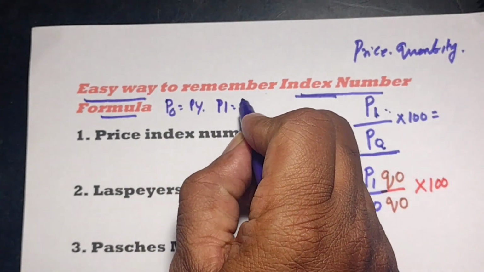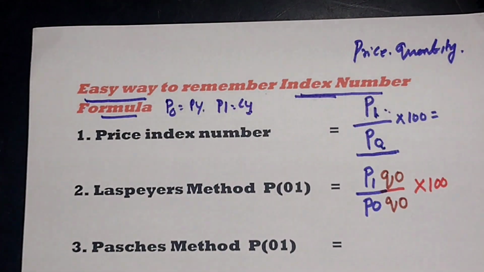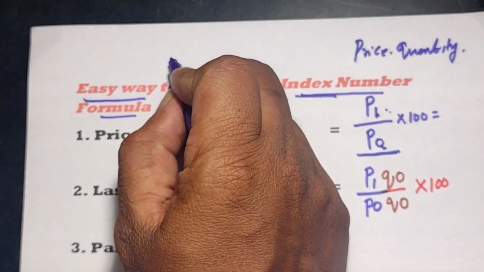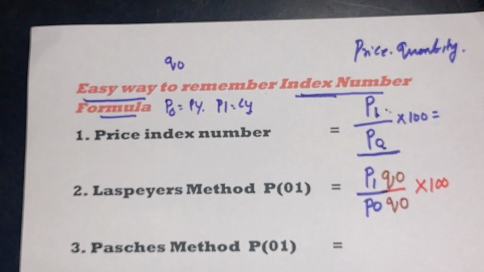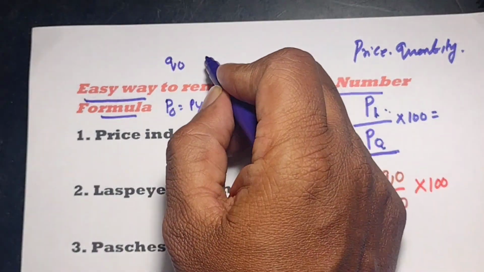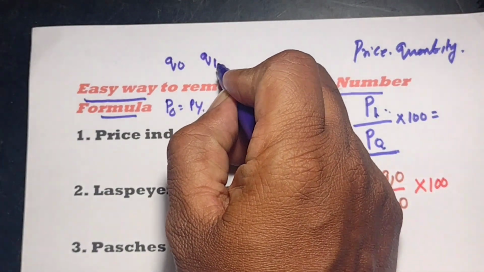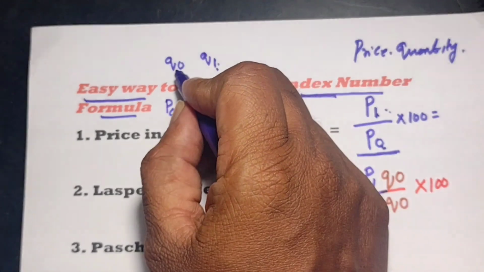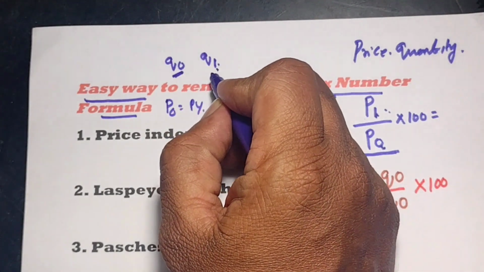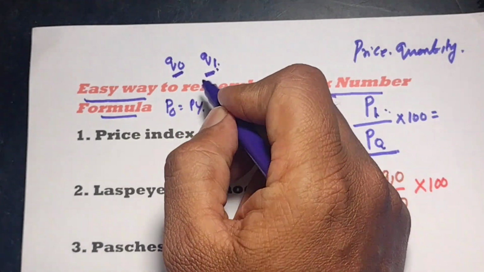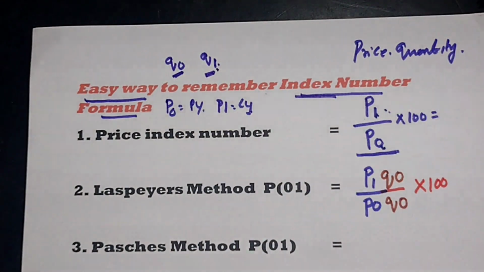P1 is relating to the current year price. In the same manner, Q0 means quantity of the base year or the previous year, and Q1 is the quantity of the current year.